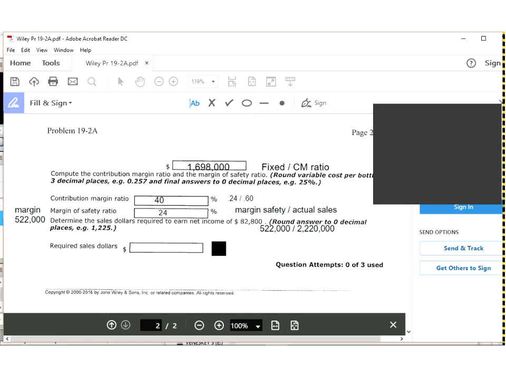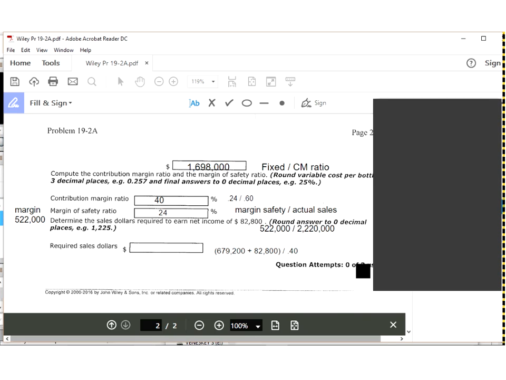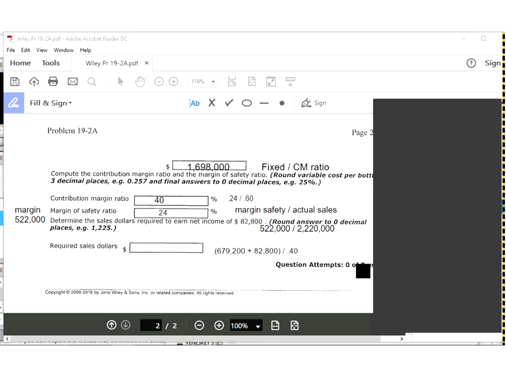Okay, so we have fixed cost of $679,200 plus the $82,800, and then the same formula that we did divided by our contribution margin. And our contribution margin was the 40%, so 0.4. All right, let's work this out.